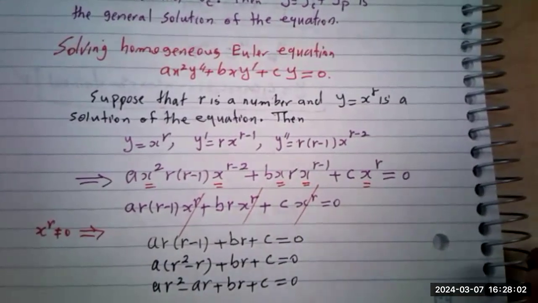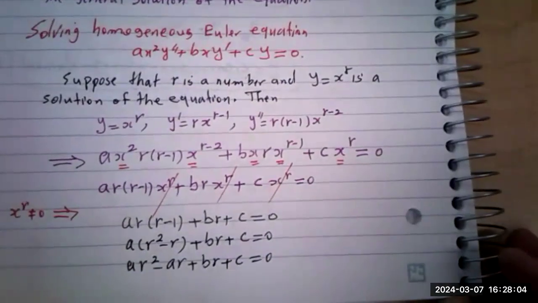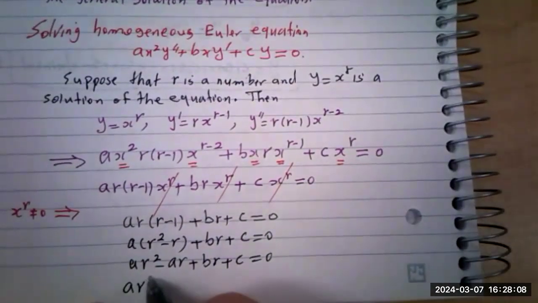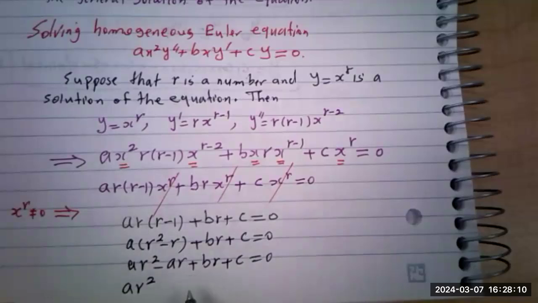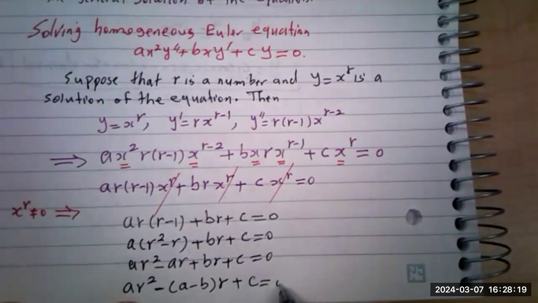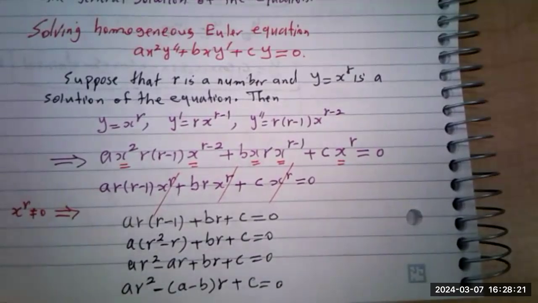I'm going to write it down in the form of a quadratic equation. So the final answer is going to be a r squared, and I'm going to factor out the negative sign and the r. So that gives me a minus b times r, and c equal to 0. That's it.